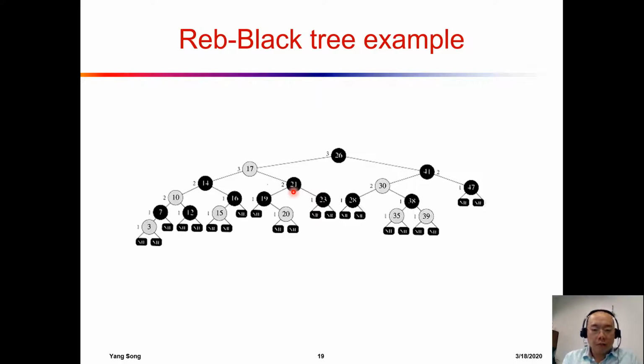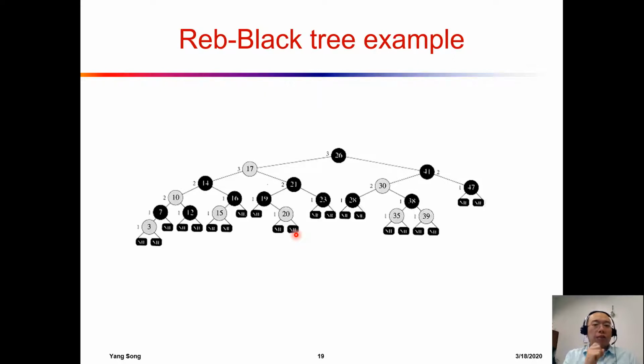If I take this way, 21, 19, and NIL, then I have visited a total of 3 black nodes if we count the 21. If we do another one, 21, 19, 20, and then a NIL, we visit 3 black nodes again.